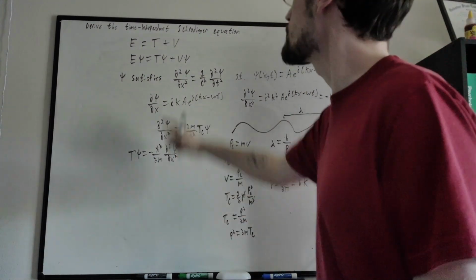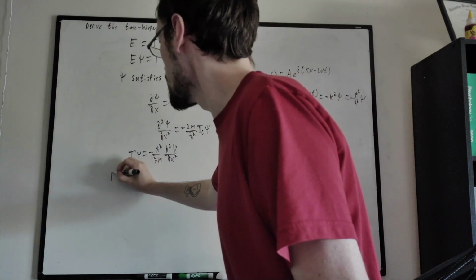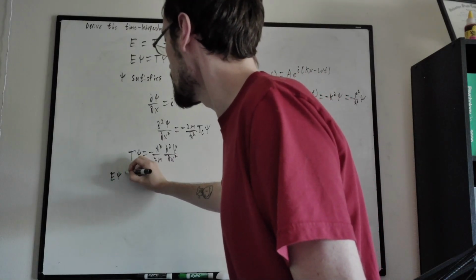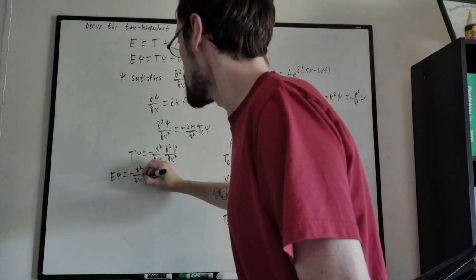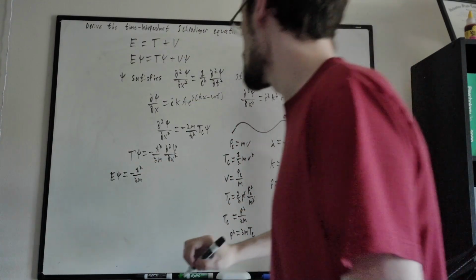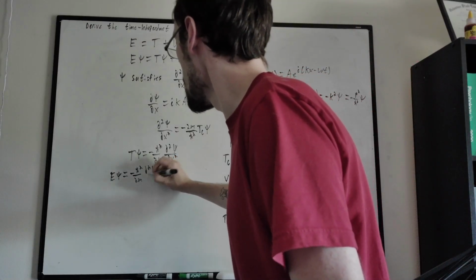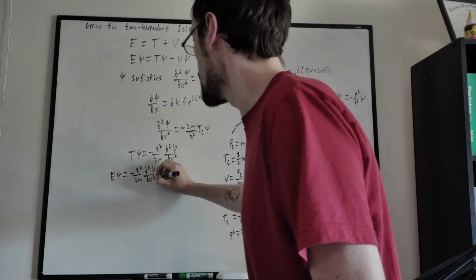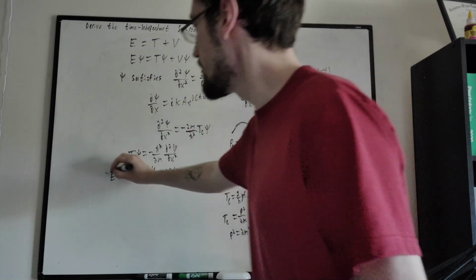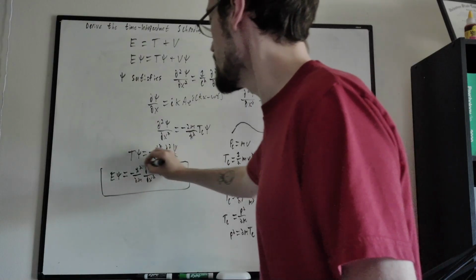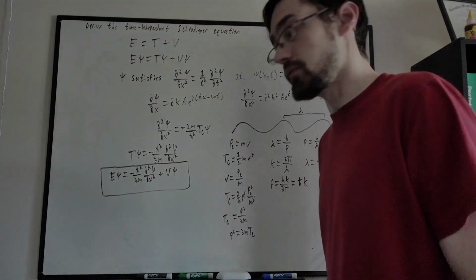So now we just plug this in to our energy conservation equation to get that the energy of psi is given to us by negative h bar squared over 2m times the second derivative of psi in respect to x plus our potential term. And this here is the time-independent Schrodinger equation for one dimension of space.